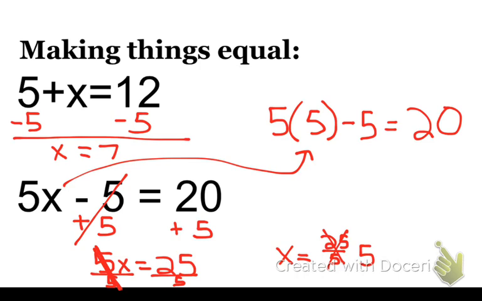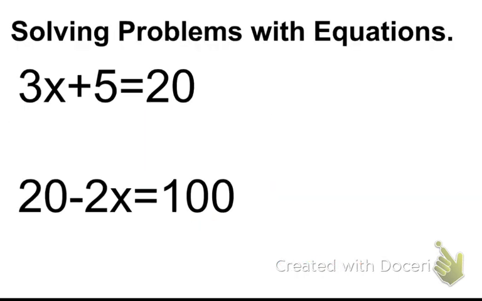Okay, here's a couple other problems. I have 3x plus 5 equals 20. I'm going to subtract 5 from both sides because I want that 3x by itself. When I do that, I end up getting 3x equals 15.